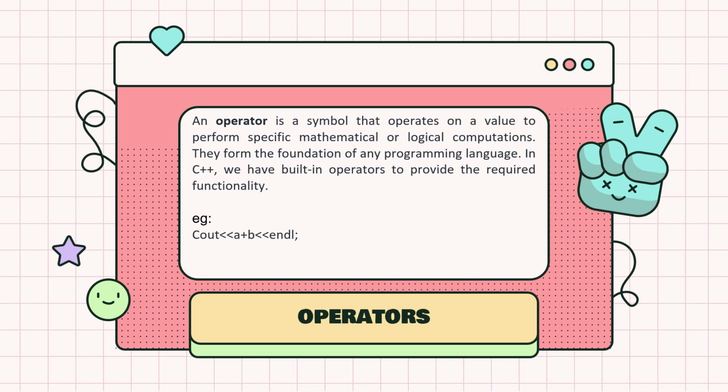For example, if we have to add two variables, we use the addition symbol. The addition symbol is an operator, and A and B are operands. The function of all operators and symbols is fixed in C++.